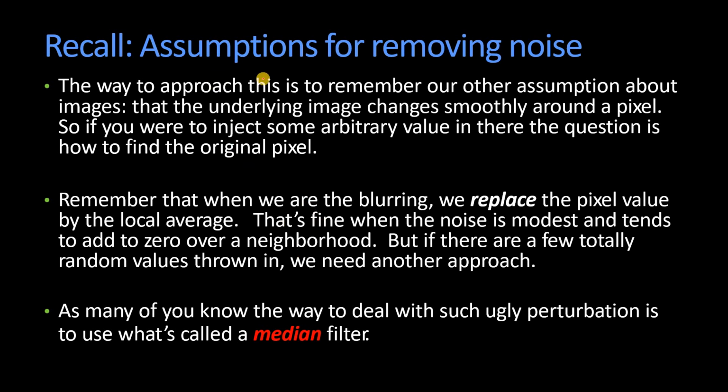So the way to remove the noise, till now what we have seen is the assumptions. Remember that in the last chapter we made two assumptions. One of the assumptions is that the image changes smoothly around the pixels. So all the neighbors have almost similar values. If the neighborhood changes very rapidly, if the value of the pixel changes very quickly, then how do we find the noise?